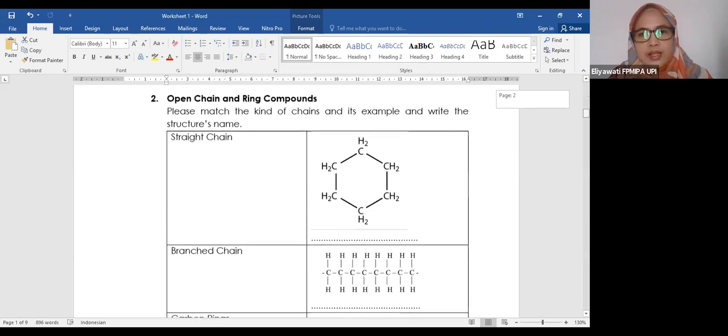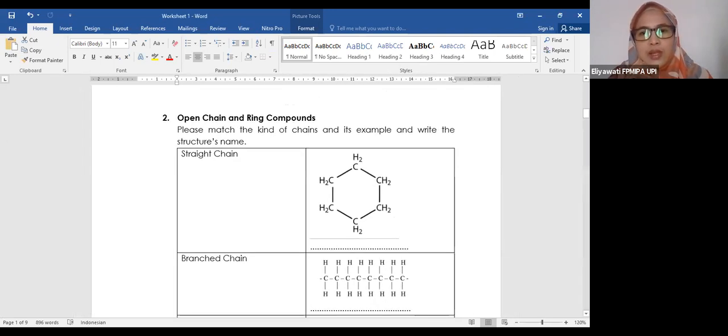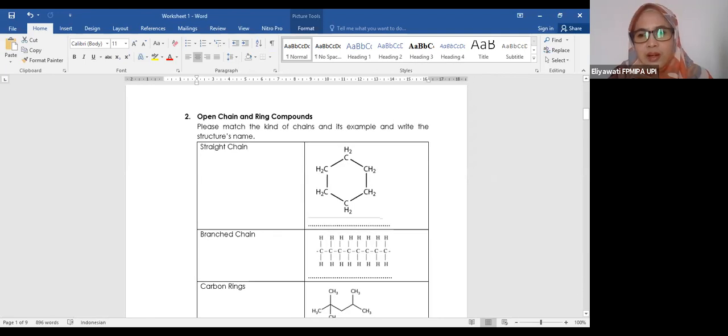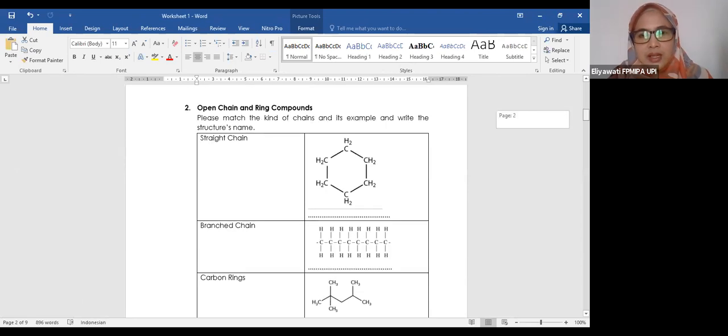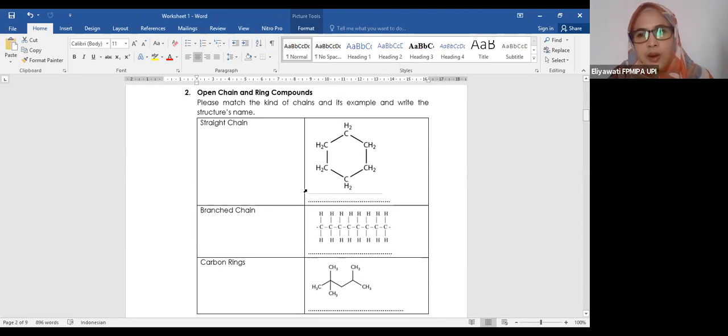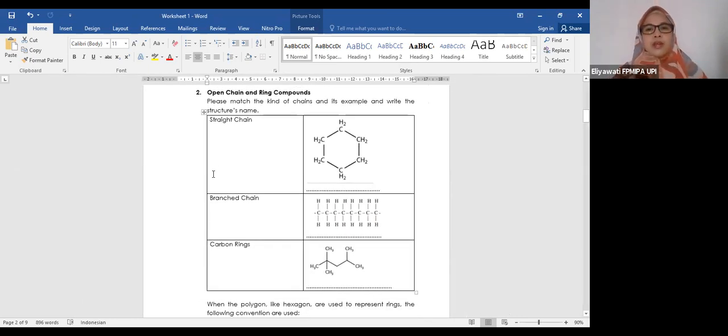The next one, we will determine whether the compound has an open chain or closed chain, or we can say a ring compound for closed chain. This one is also the uniqueness of the carbon. Carbon can form open or closed chains. So now let's determine.